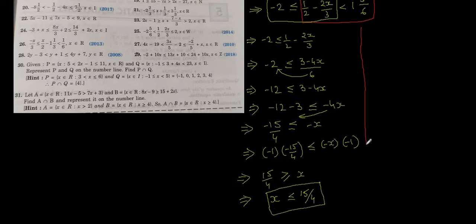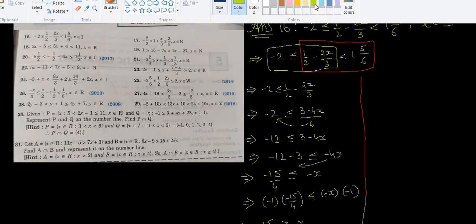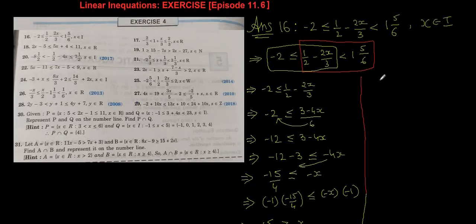So let us go for the right hand side one. I'm going to change the color so it becomes easy to differentiate. So here implies 1/2 minus 2x/3 less than 1 integer 5/6.